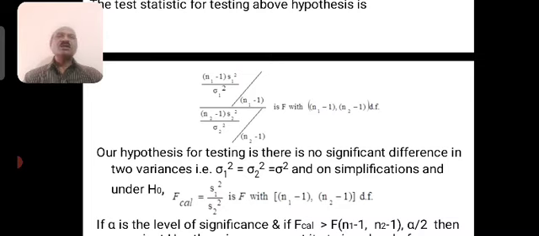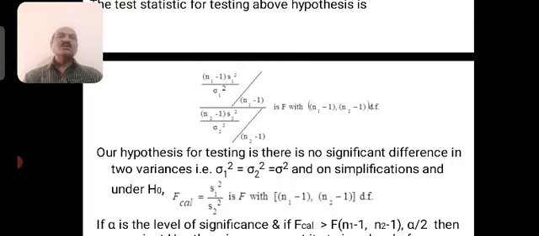So on simplification, what remains? The n1 minus 1 at the numerator of this F statistic and n1 minus 1 will get cancelled, and similarly n2 minus 1 at the denominator will get cancelled. You are left with s1 square by sigma 1 square divided by s2 square by sigma 2 square.